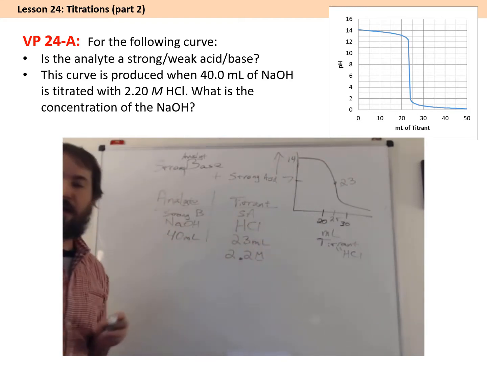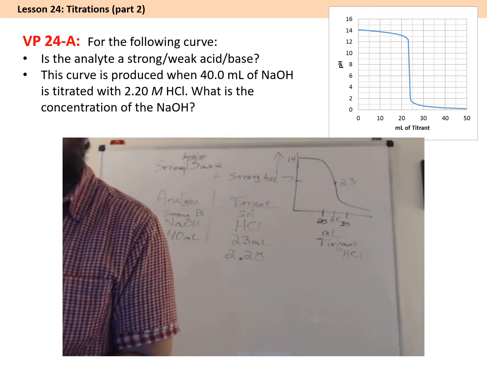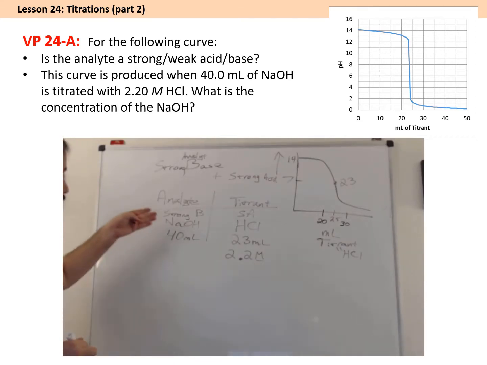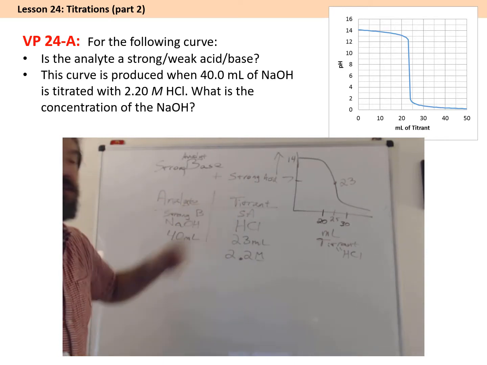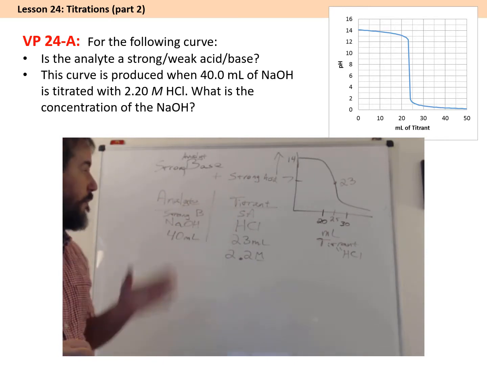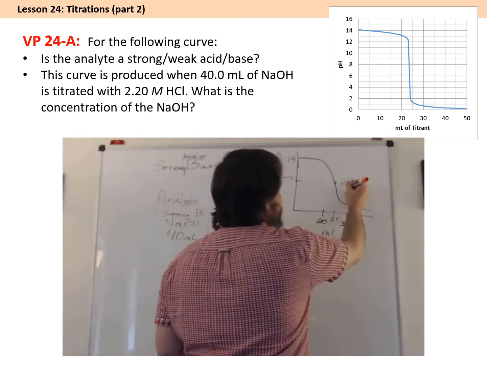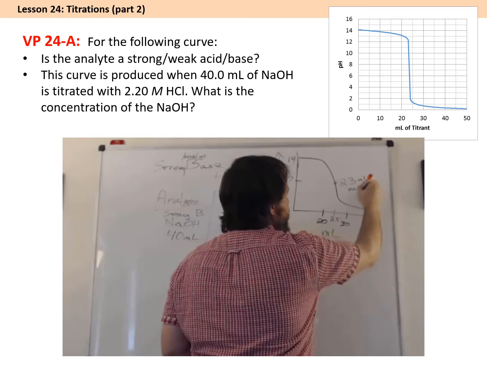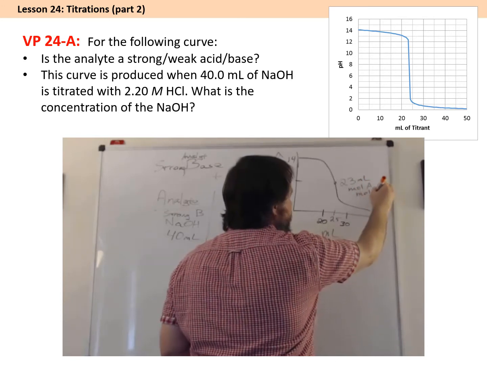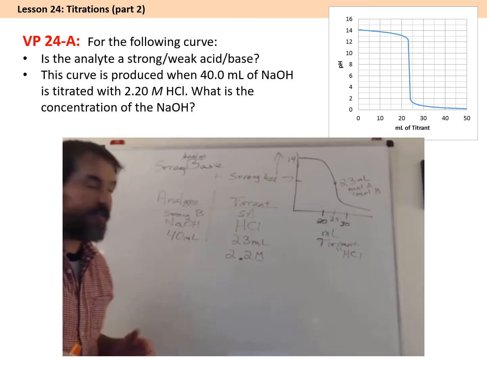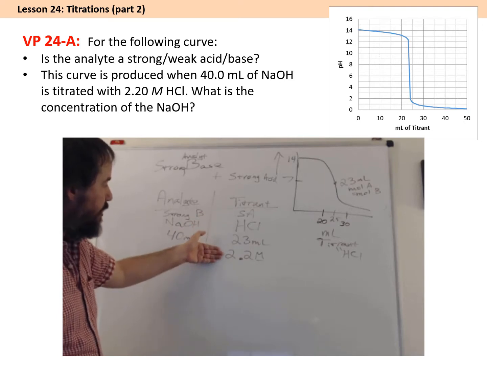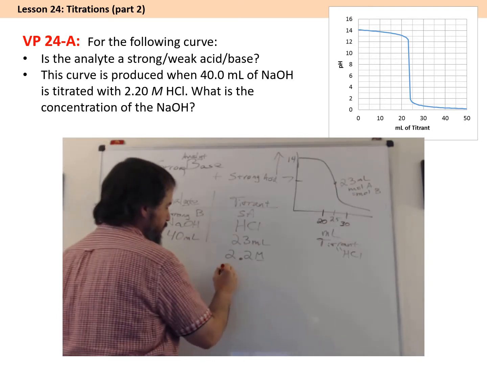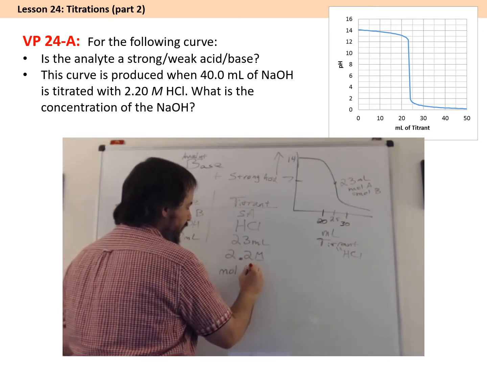So now, if I want to figure out the concentration of my NaOH, I need to know something about my acid. Now remember, at this point, moles acid equals moles base. That's what an equivalence point is. So I can use these two pieces of data to figure out moles acid.